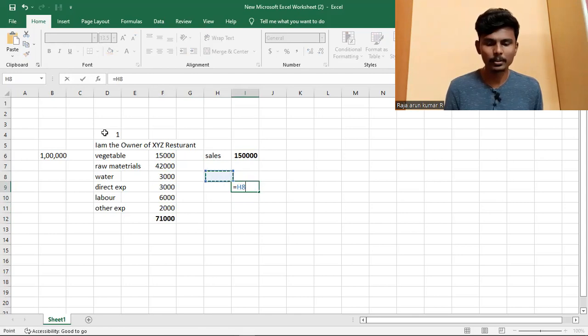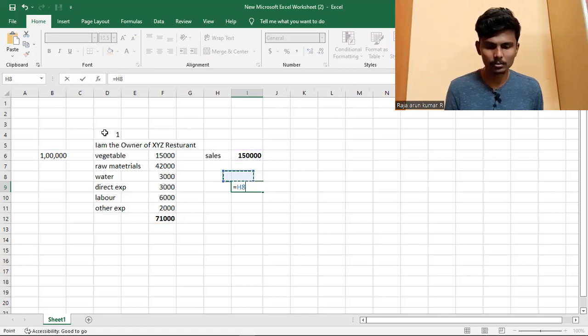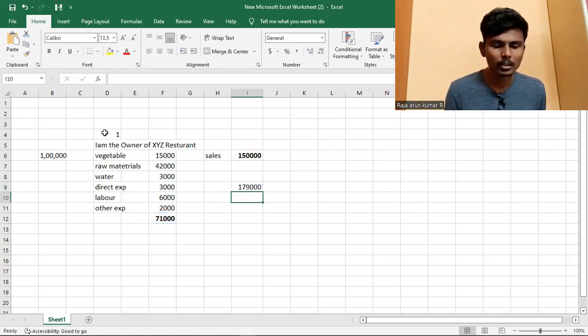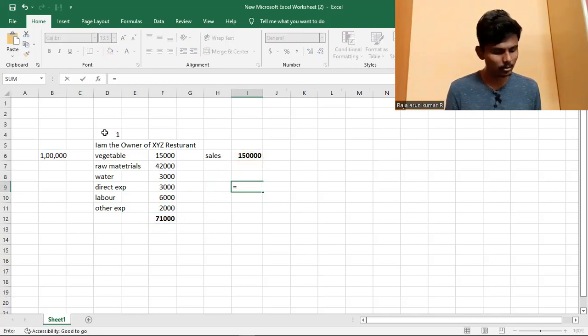So 1 lakh plus 1,50,000 minus 71,000 cost.